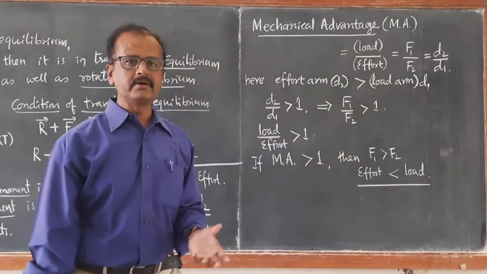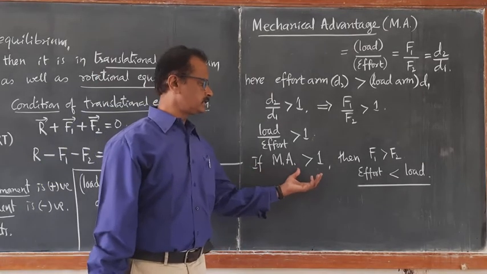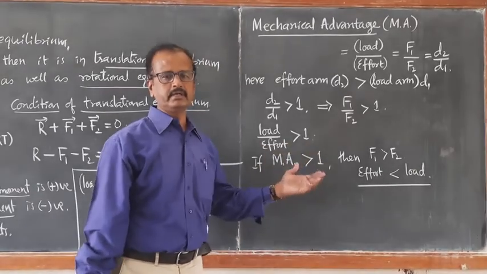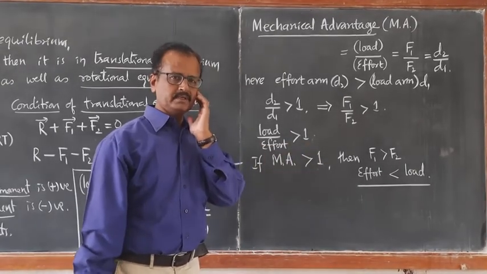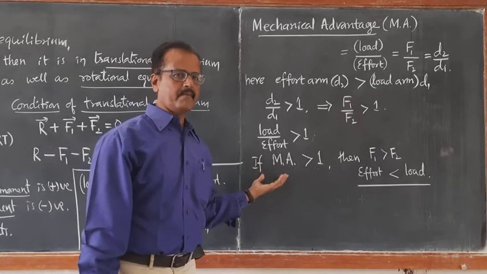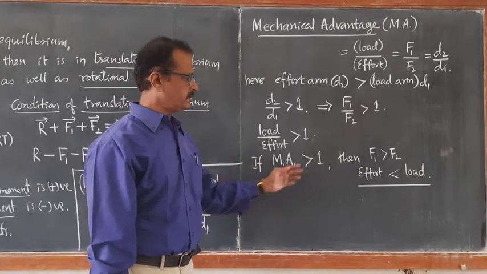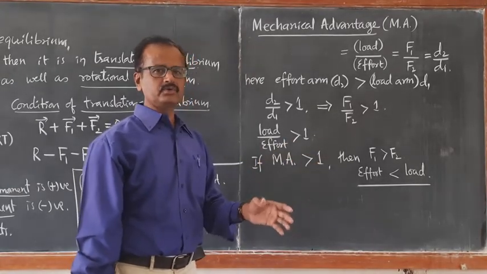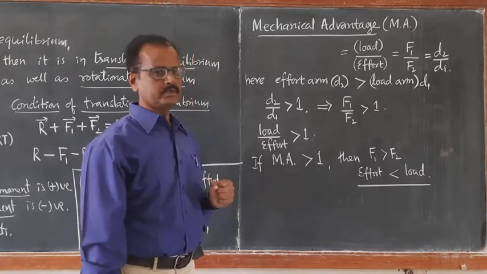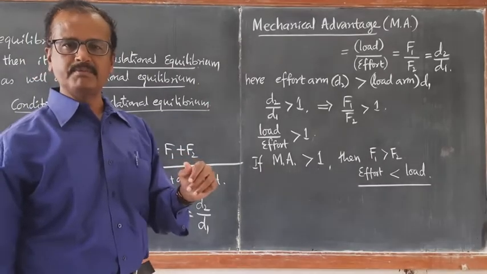So for any lever, we must have mechanical advantage greater than 1. Lever or simple machine we are going to learn. It is not there in the syllabus, but I will explain you what is a simple machine. Simple machine should have a mechanical advantage greater than 1. Then the effort that we are applying to lift that load will be less than the actual load. This is the advantage of principle of moments.